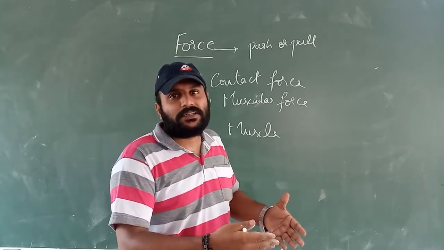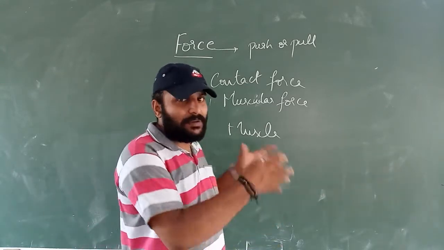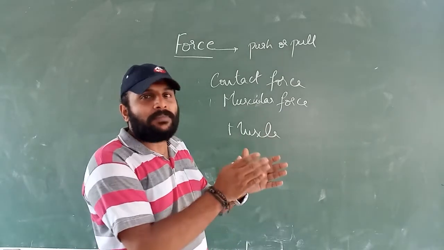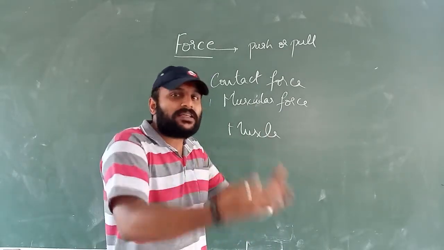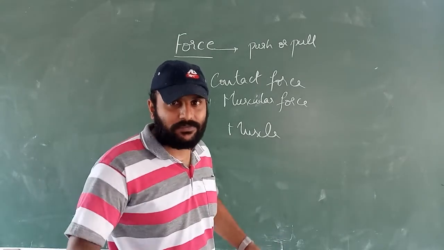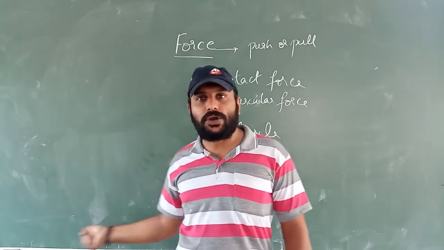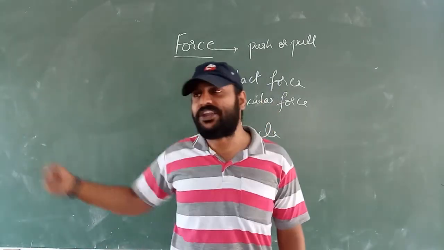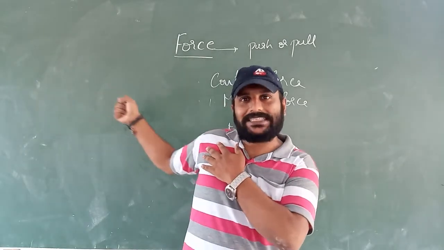Other part of the muscle cell will go for relaxation. Understood? Some muscle cells will go for contraction, they will contract. Some other muscle will go for relaxation. For example, when you smile or when you are throwing a ball, the muscles in your chest area are getting relaxed.